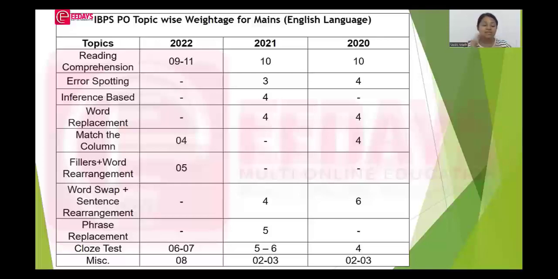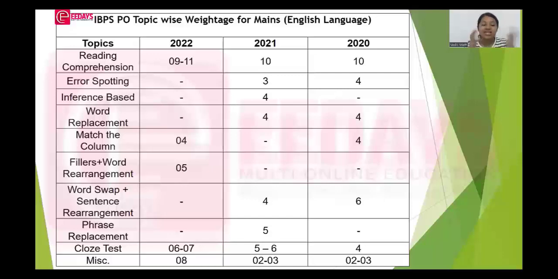See, studies or preparation will never go to waste at all. If it is not useful for you in this examination, in some other examination it would definitely be useful for you. It's not that you are only going to attend IBPS, right? You might also attend other bank exams, or you might concentrate on state service examinations, public service commission examinations.